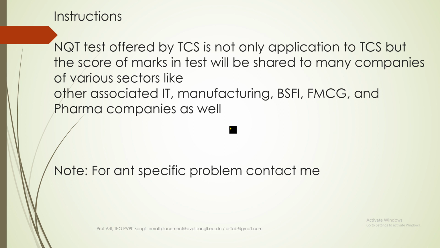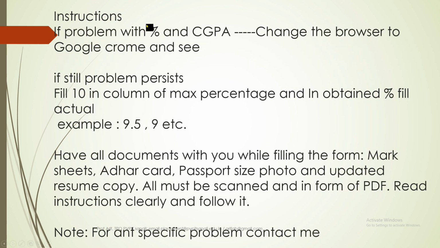The next instruction is, some students are facing a problem because the page which shows percentage as well as CGPA while filling is not visible. In such a case you have to change the browser. Try to change the browser to Google Chrome or another and see whether you can see it.